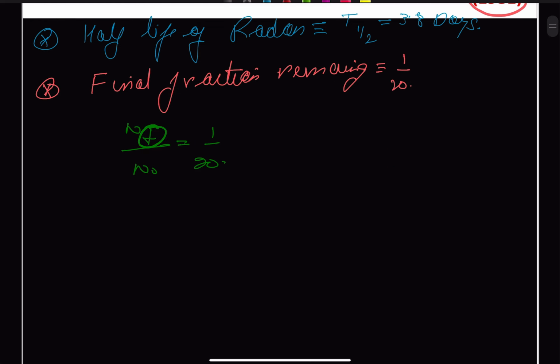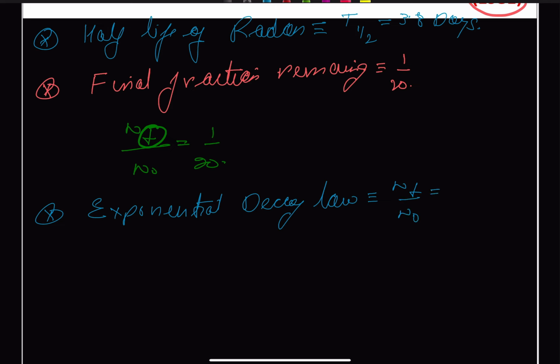We already know the standard formula, the exponential decay law, which gives N t upon N naught is equal to e raised to power minus lambda t.